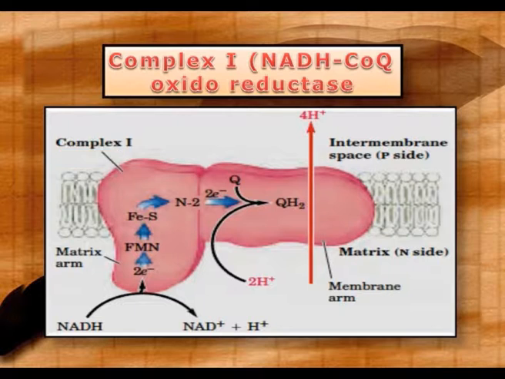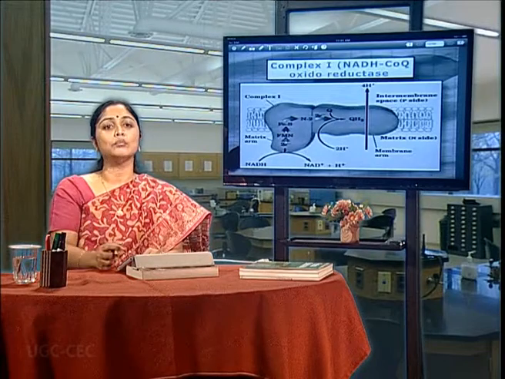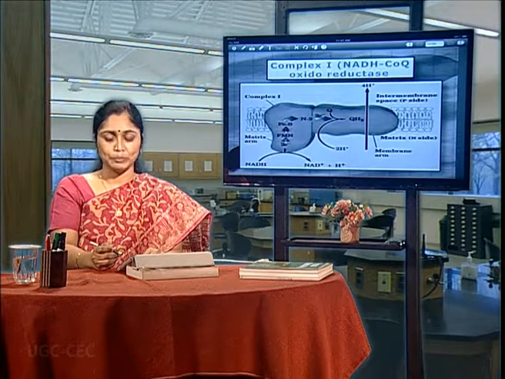The complex 1 accepts electrons from NADH. 2 electrons pass from NADH through the FMN center and through the iron sulfur centers. It goes to coenzyme Q. And during the electron transportation, the free energy released drives 4 protons from the matrix to the intermembrane space. That is, complex 1 acts like a proton pump.